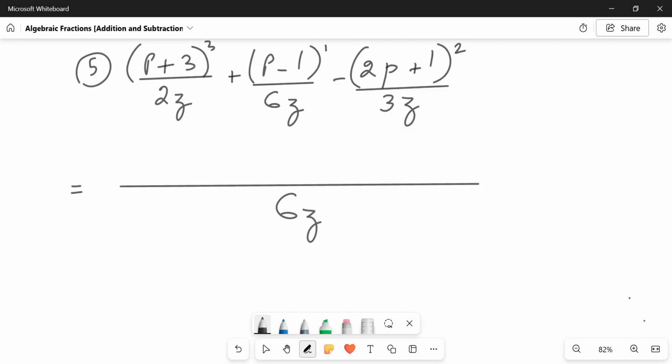Now what we need to do, I'm going to bring this 3 here to the side. P plus 3, plus p minus 1 as it is, because it was 1 here, and it's a plus sign. So no bracket. Be careful, it's a plus sign. If there is a negative sign, then it gives you a little trouble. You need to change the sign of the p minus 1 into p plus 1.